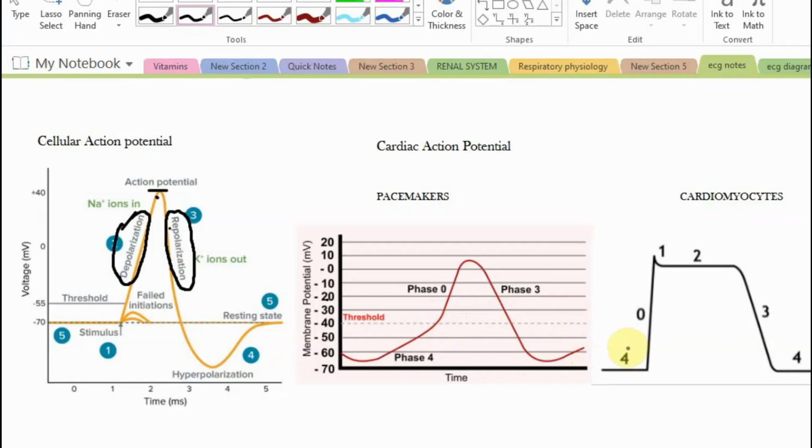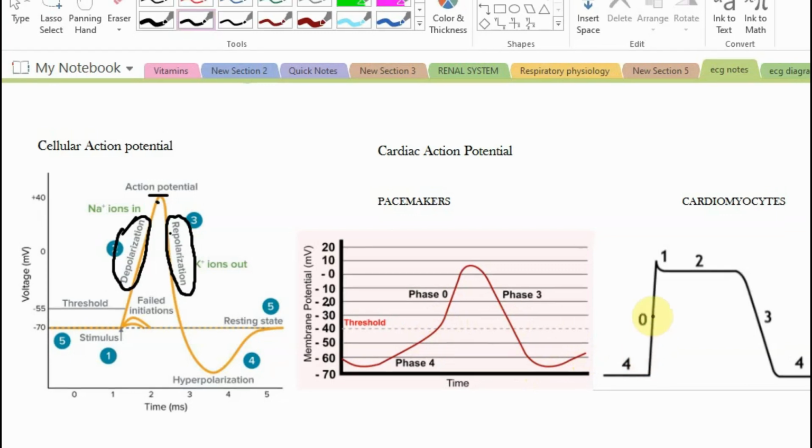A cardiomyocyte is somewhat different. In phase 0 there is the rapid influx of sodium into the cell. This inward current is responsible for rapid depolarization. Then there is a particular characteristic, also called the plateau phase.